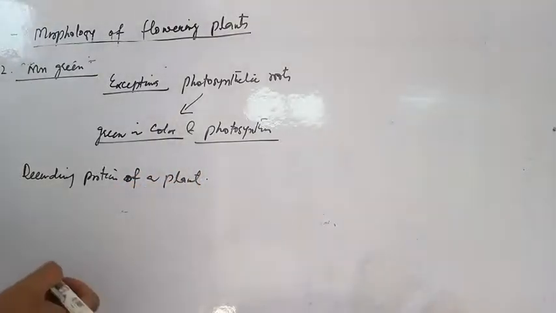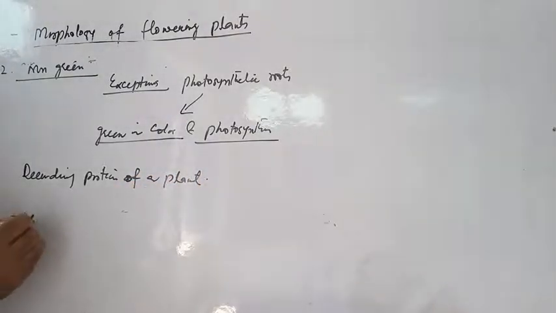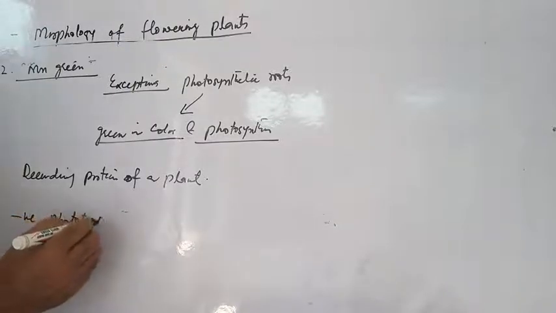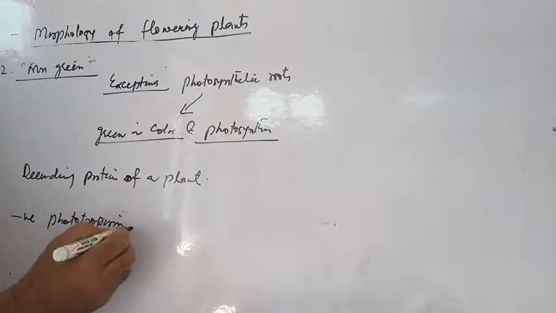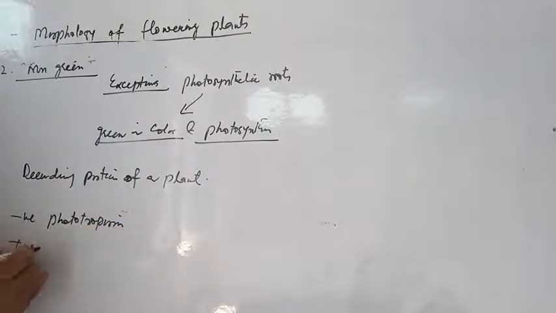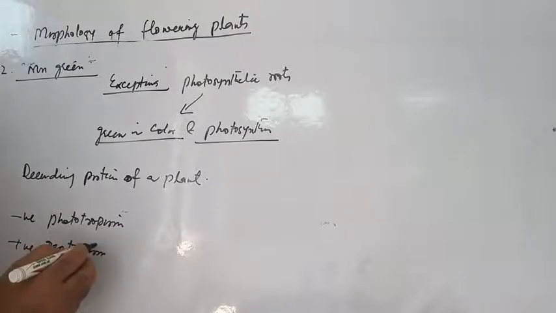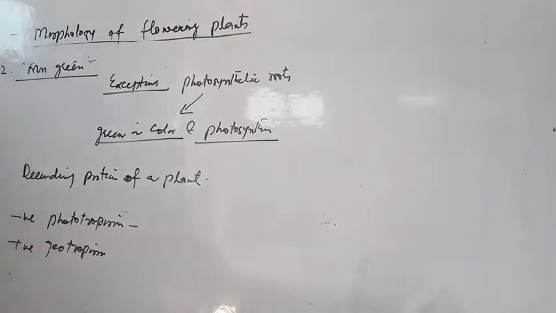That is why they show negative phototropism and positive geotropism. They are not attracted towards light, they move away from light, and they move towards the soil.